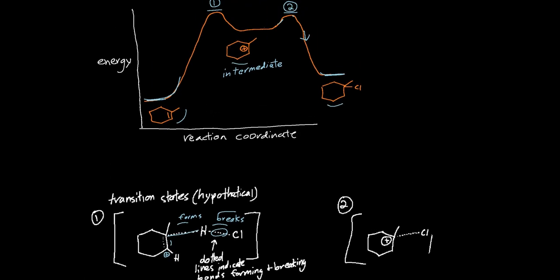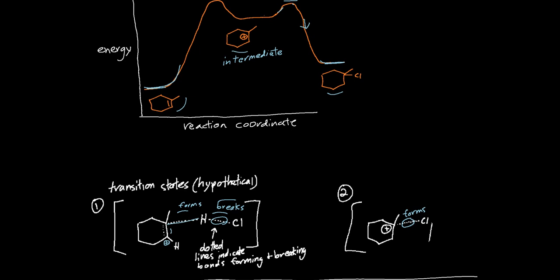From the intermediate to the final product, the hypothetical transition state is merely the forming of that bond from chlorine to the carbocation. That's a lot easier to see, maybe. So these transition states are slightly higher in energy. Then from here it's all downhill, and the chlorine to carbon bond forms.